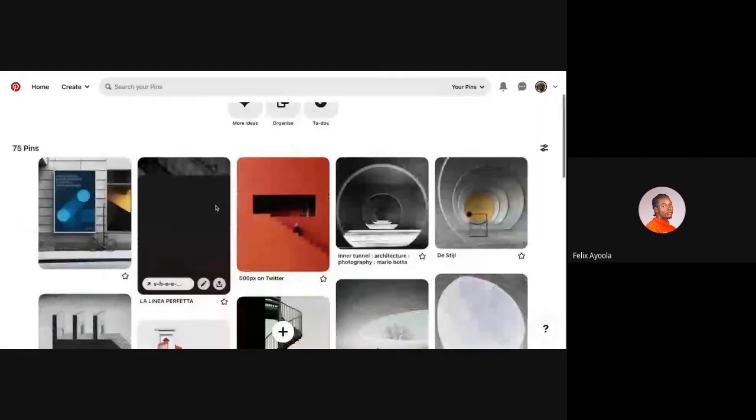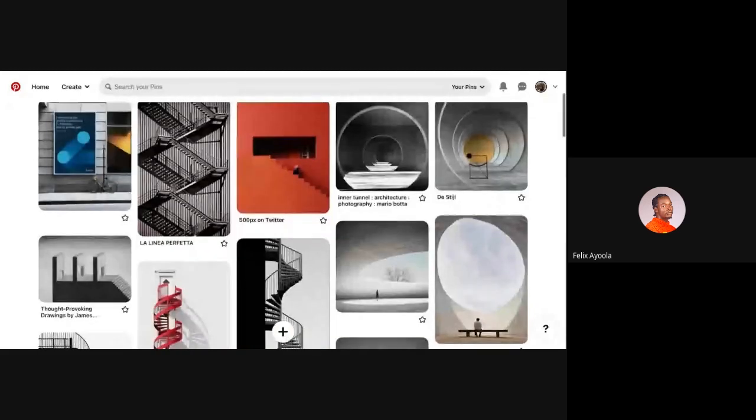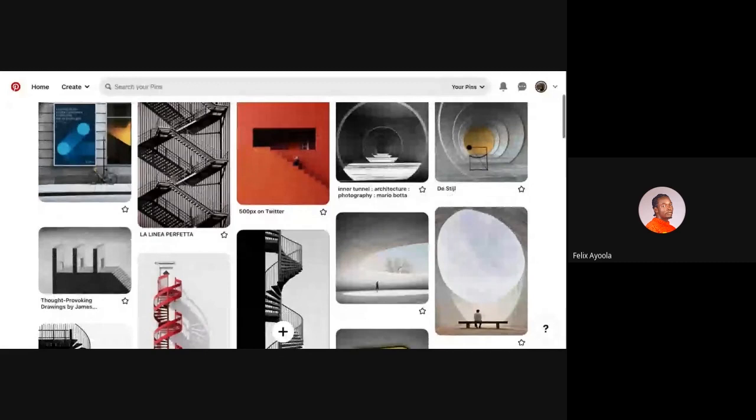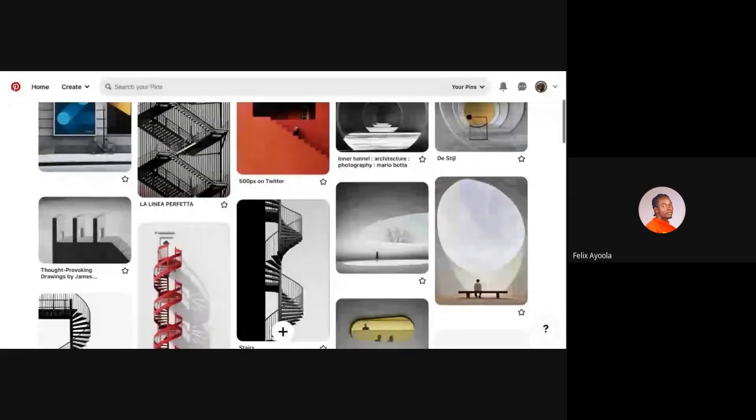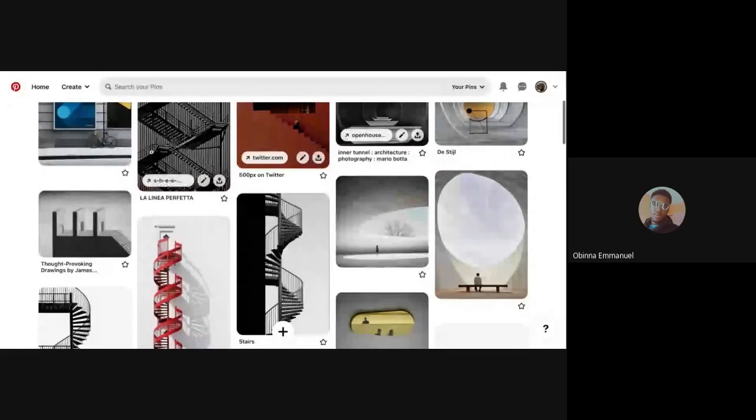Can you see this? Which of them do you find interesting? Anyone? Anybody?